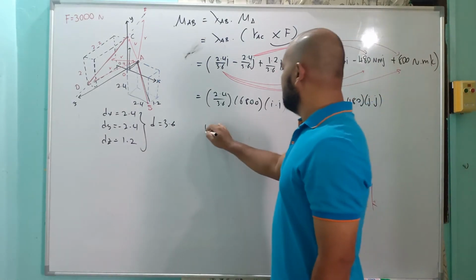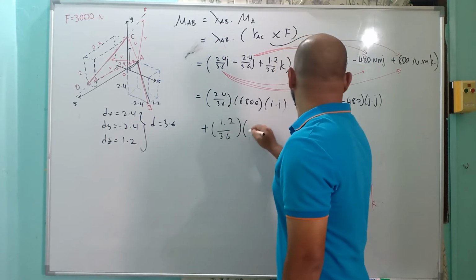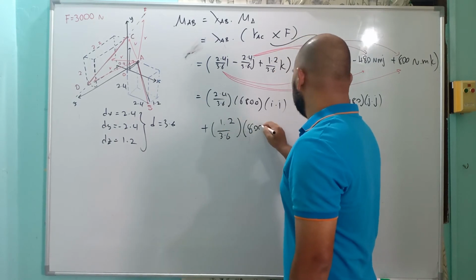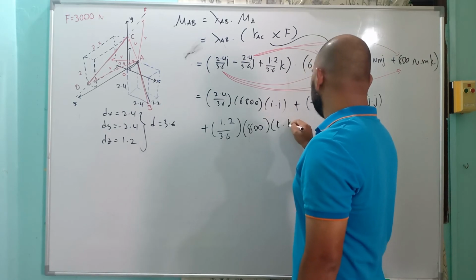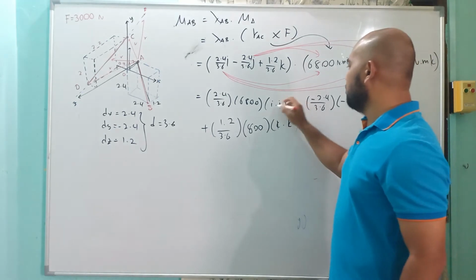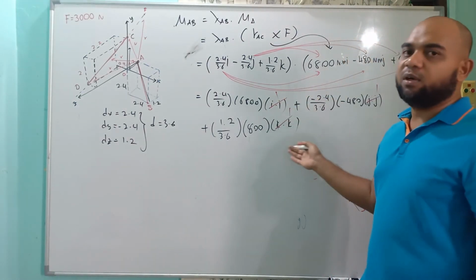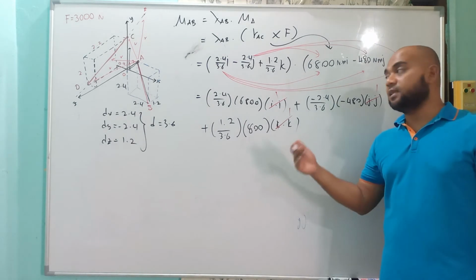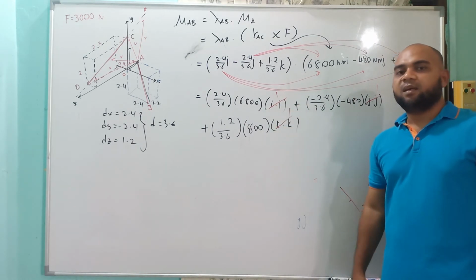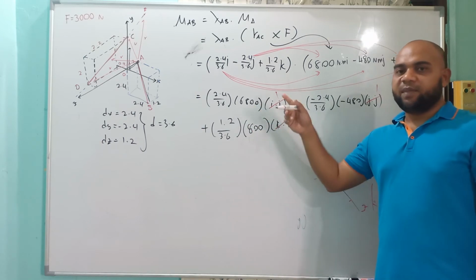Then plus 1.2 divided by 3.6 times 800 K dot K. Because these become 1, we eliminate the directions I, J, K and leave only the magnitude.